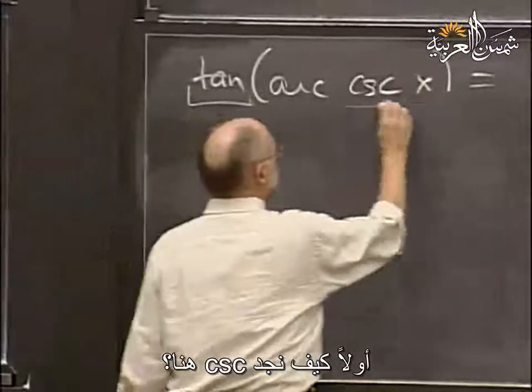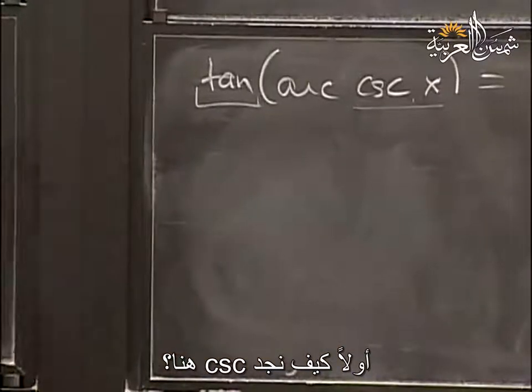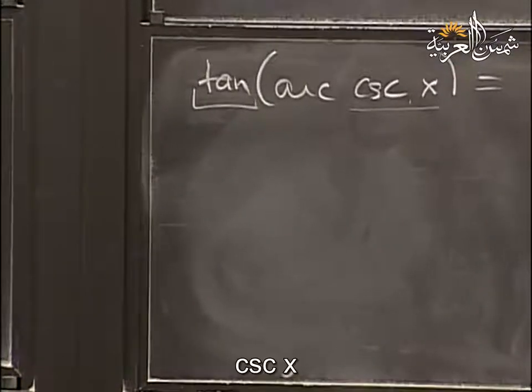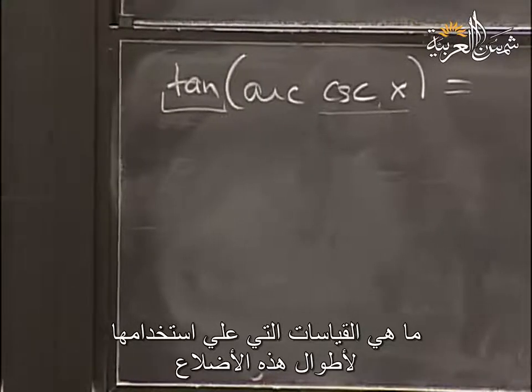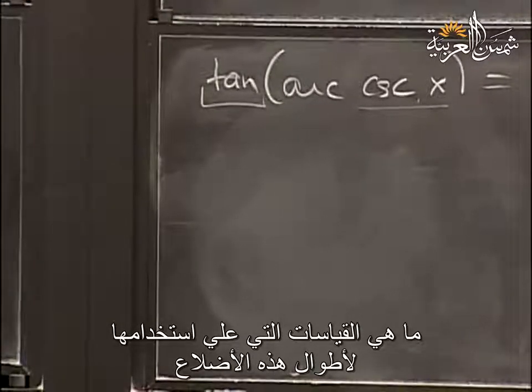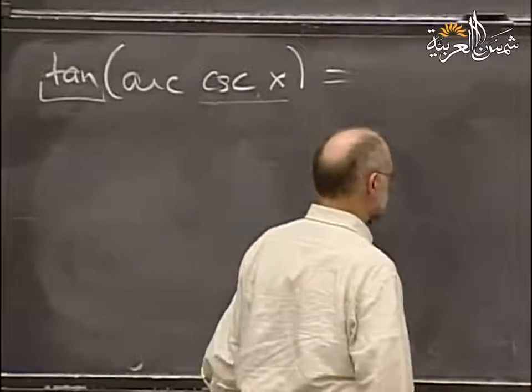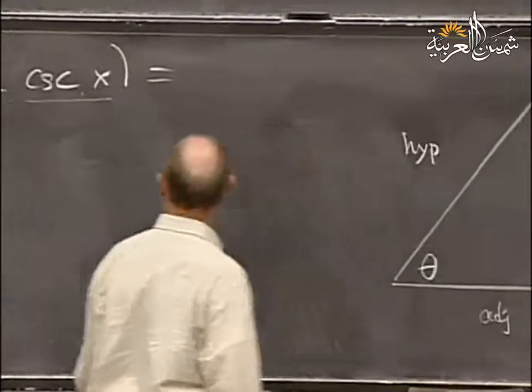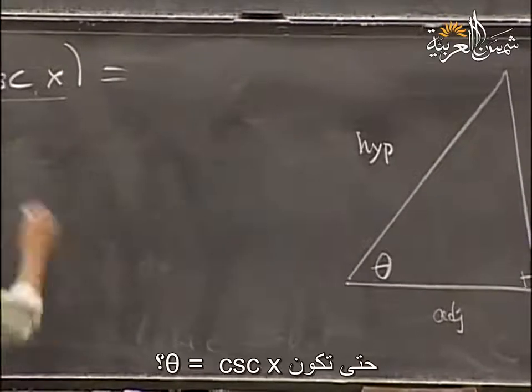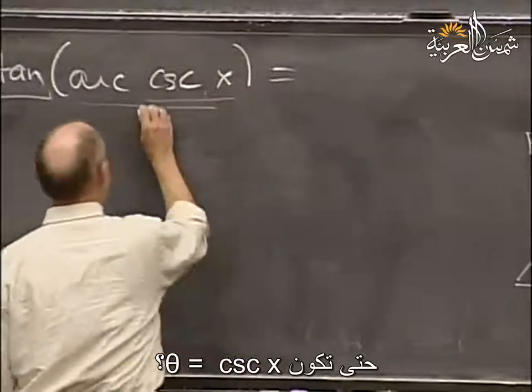So the first thing is, how can I make the cosecant appear here? What dimensions should I give to the sides in order for theta to be the cosecant of x? This thing is theta.